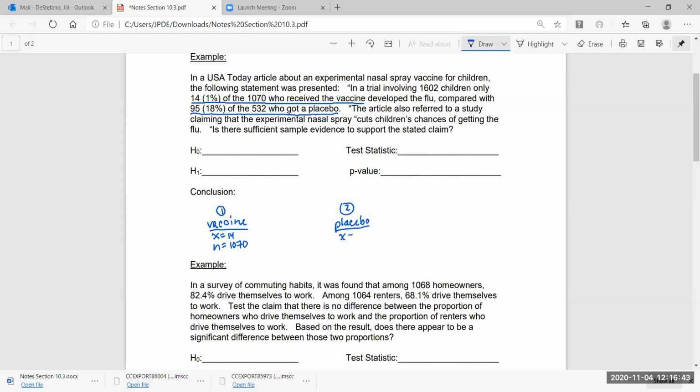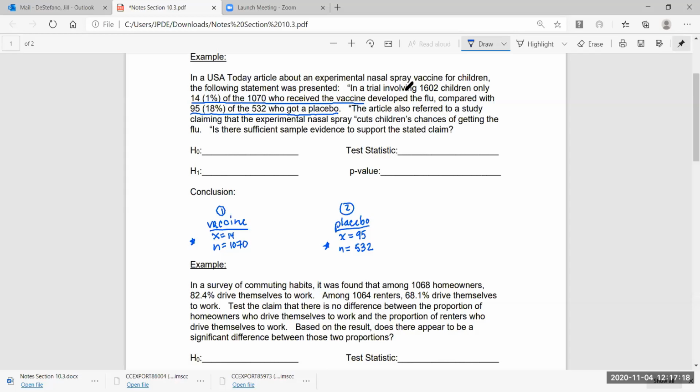So out of the placebo group, 95 kids got the flu out of 532. So looking at it initially, if I look over here at the vaccine group, 14 out of 1,000 basically got the flu. Over here, 95 out of 532. So more people got the flu out of a smaller group. So it's looking like the vaccine is helping.